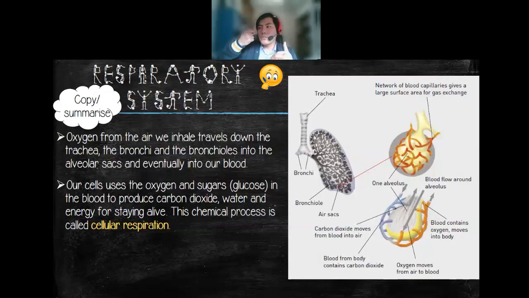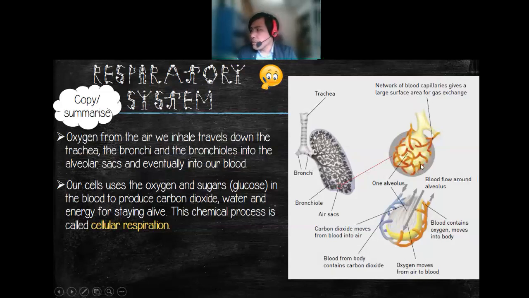It's going to travel through your nose, through your throat, or if you breathe from your mouth, it's going to go into your mouth, through the throat, down to the voice box, down into the windpipe or the trachea, down to the bronchi, so that's the airway, so it's split into your lungs, and then it goes into the bronchioles, which sort of look like these three branches here, and then go into the alveoli, the air sacs.